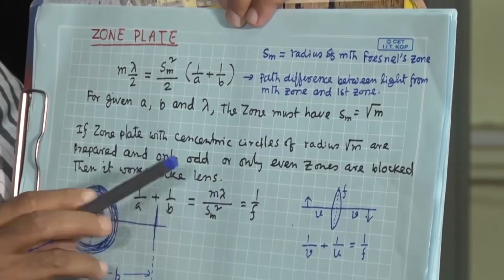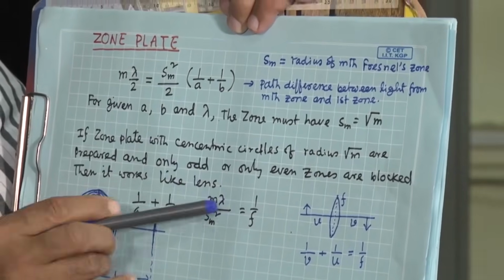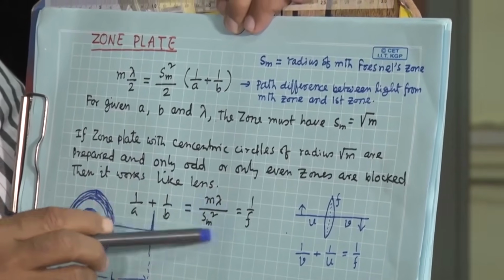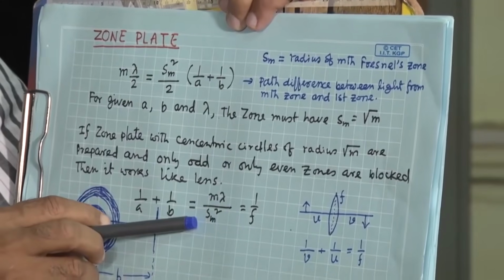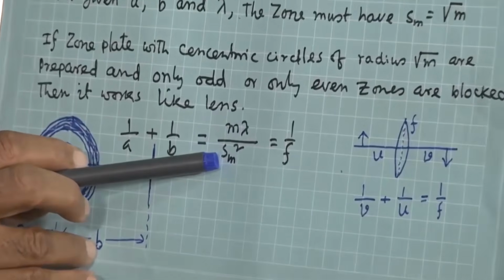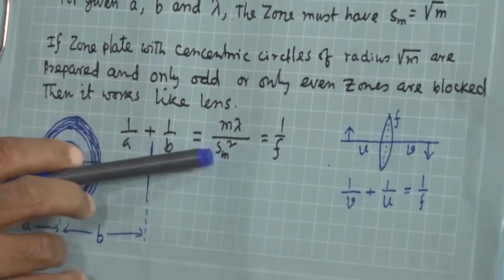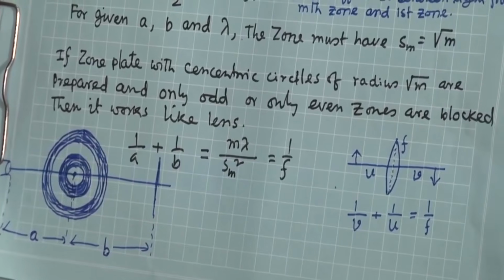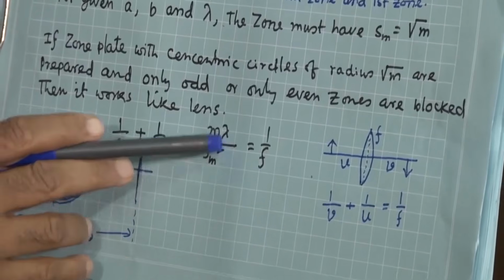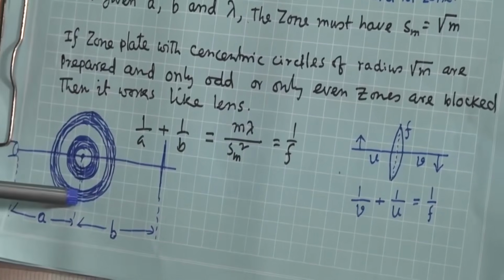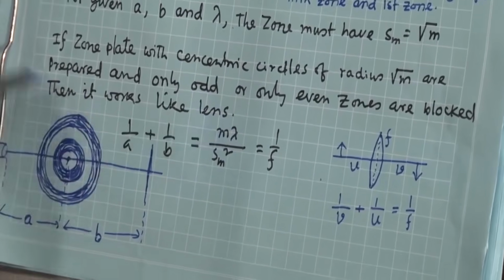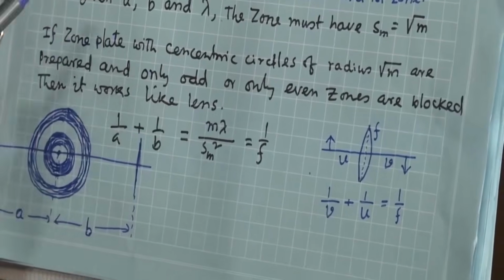So, the wavelength lambda and the radius of the zone: there is some relation between the radius of the zone and the zone number m, which is 1, 2, 3, 4, 5.